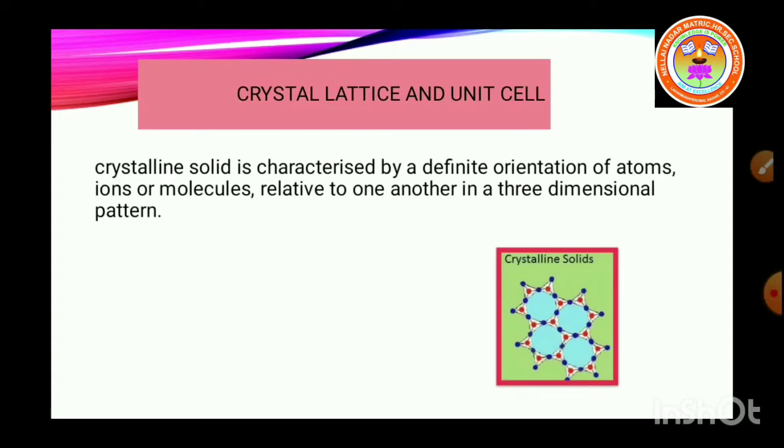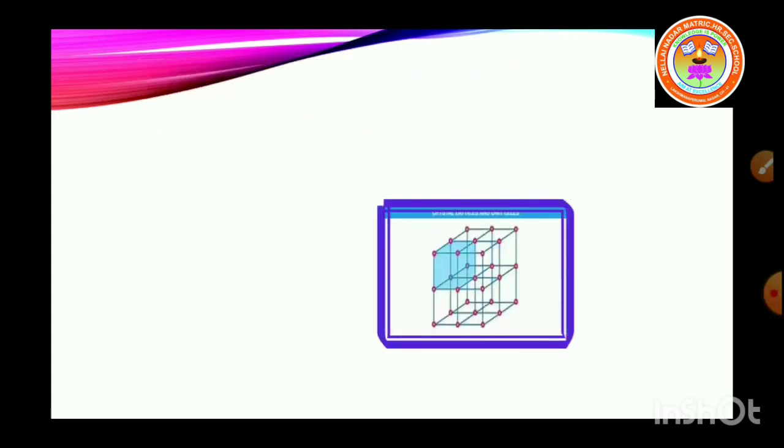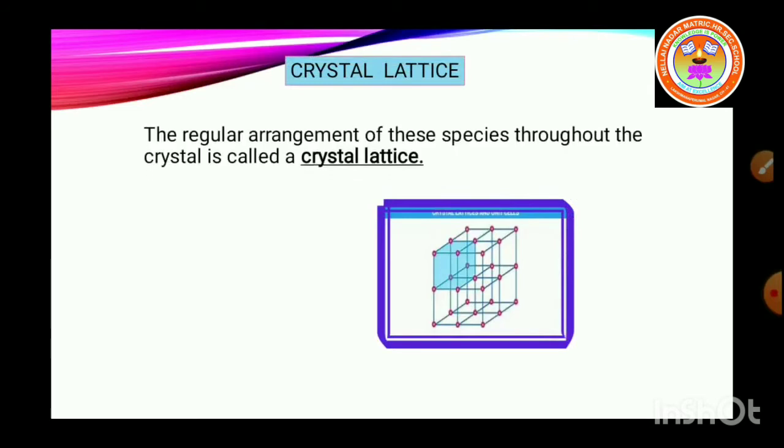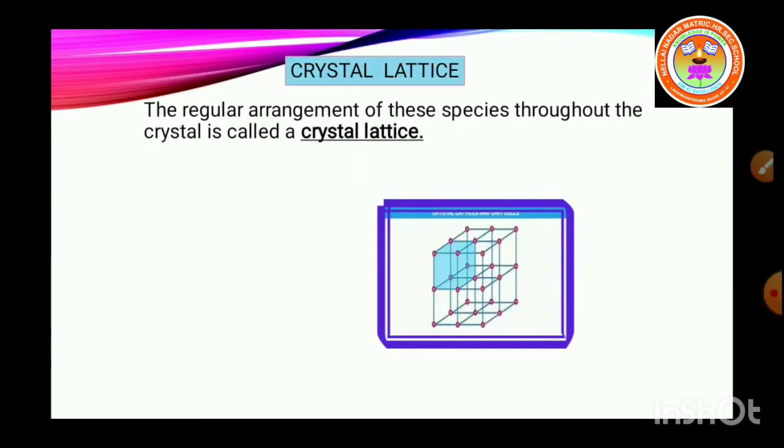So the first question: what is crystal lattice? The regular arrangement of these species throughout the crystal is called a crystal lattice. Now clear, what is crystal lattice?